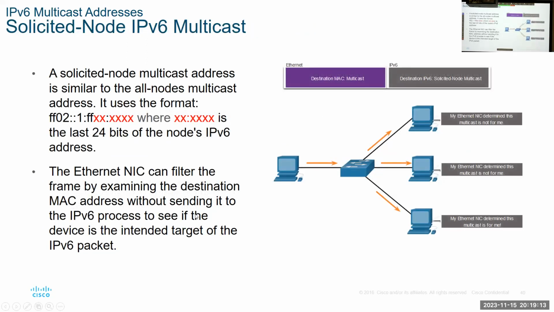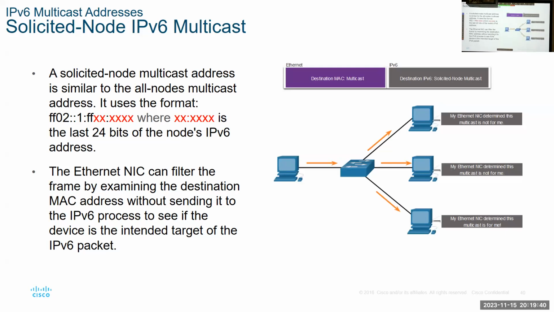All right, the solicited node multicast address is basically like an ARP. It's the all nodes multicast where the last 24 bits of the message are the last 24 bits of the IPv6 address.